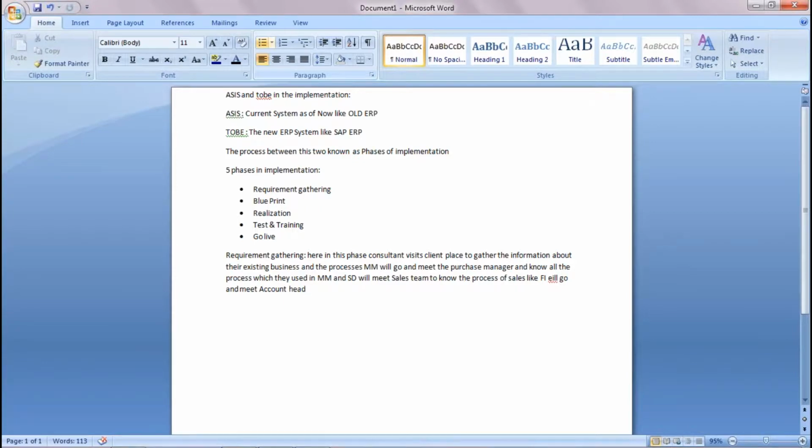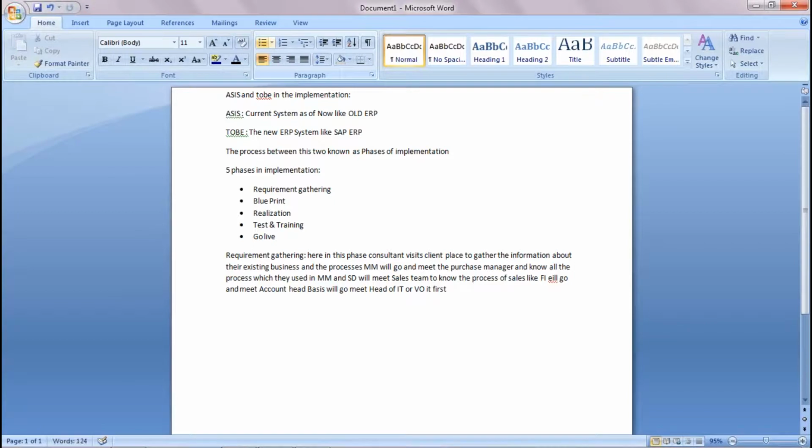Now it comes to basis. Basis will go and meet the IT or VP IT. So what does basis have to do when he visits the place?